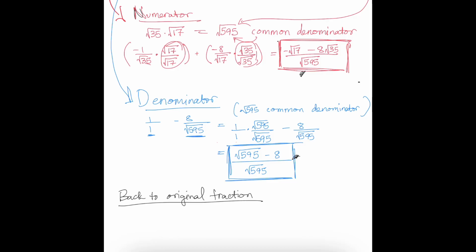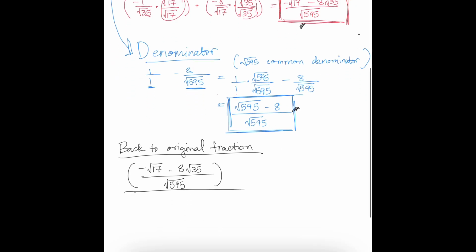Here's our numerator, negative square root of 17 minus 8 square root of 35 divided by the square root of 595. And then in the denominator, we have this stuff. So square root of 595 minus 8 divided by the square root of 595.